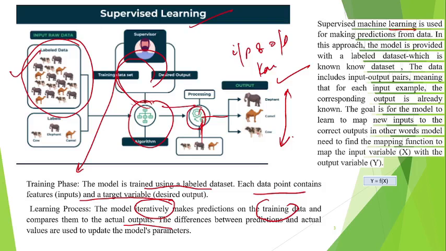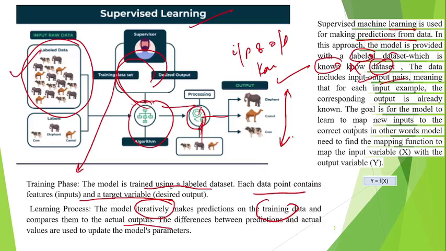Supervised machine learning is used for making predictions from data. In this approach, the model is provided with a labeled data set, which is known, correct? The data include input and output pairs, meaning each input example corresponds to an output. So the basic difference of supervised learning is that we have a labeled data set, and we know the input and corresponding output.